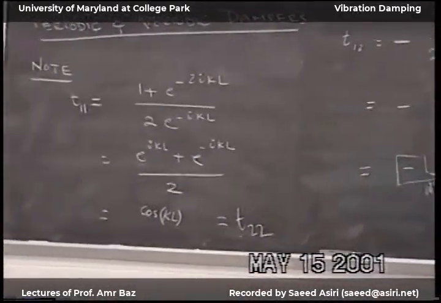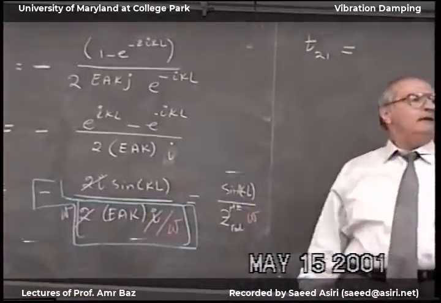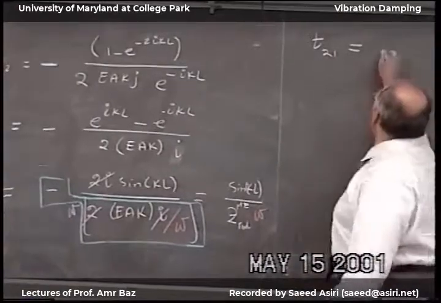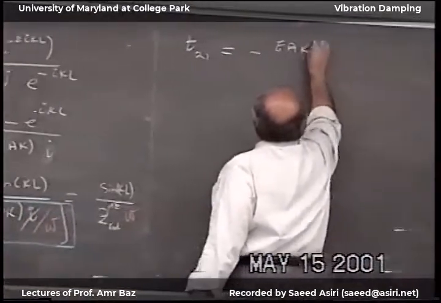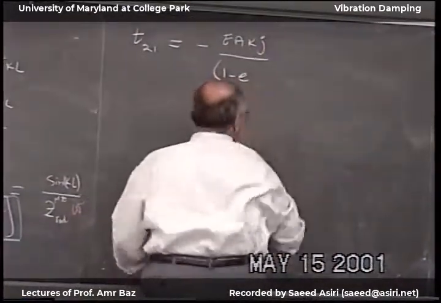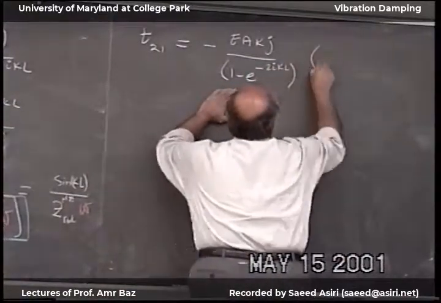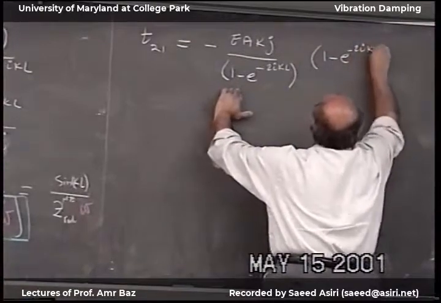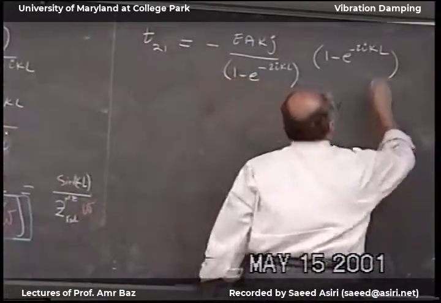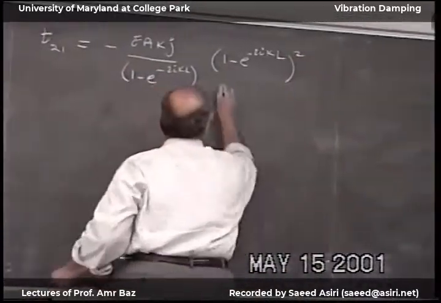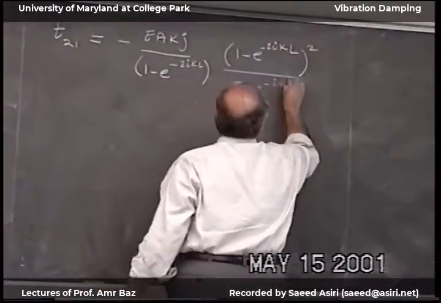Then the last term is T21, which will equal to minus m, which is e, a, k, j divided by 1 minus e to the minus 2iKL times 1 minus e to the minus 2iKL squared, and then the whole thing is divided by 2 e to the minus iKL.